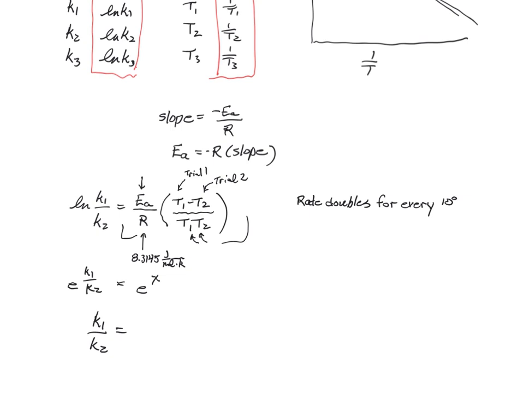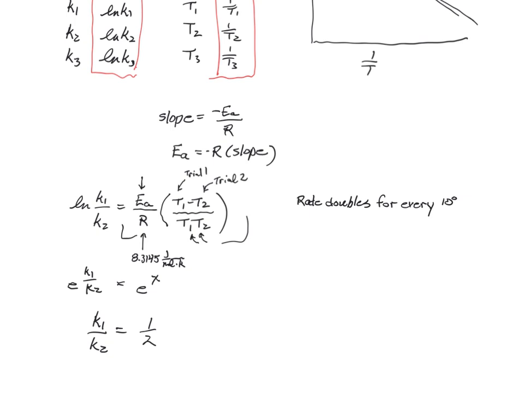Okay, now, if T1 was 10 degrees lower than T2, that means that the ratio of K1 to K2 should be 1/2, or somewhere about that value.